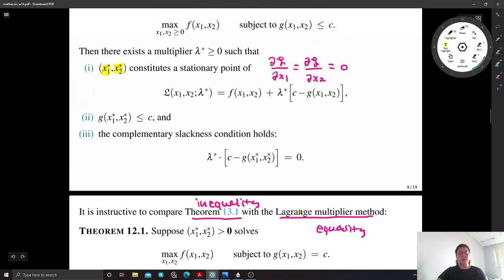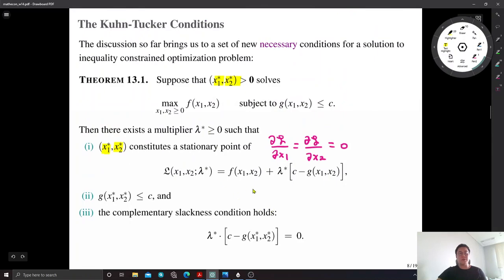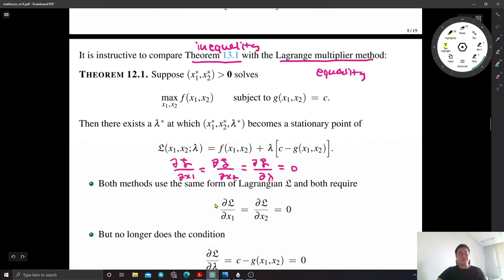But if you compare this condition with the previous Kuhn-Tucker conditions, you may observe some differences. First, a common thing is that both methods use the same form of the Lagrangian, and both require that the derivatives of the Lagrangian with respect to the choice variables should be equal to 0.